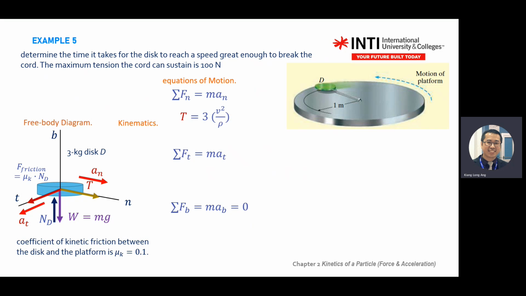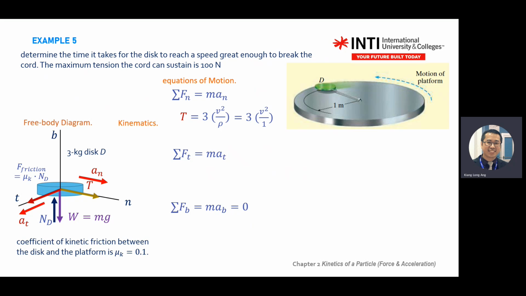Again, for a_n you use v squared over rho. Again, this equation won't be given. And every time you see circular motion, write this one in your solution. You write a equal to a_n u_n plus a_t u_t. Then you write what is your a_t, what is your a_n.